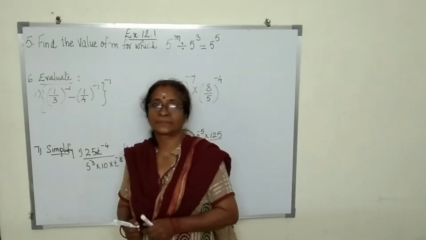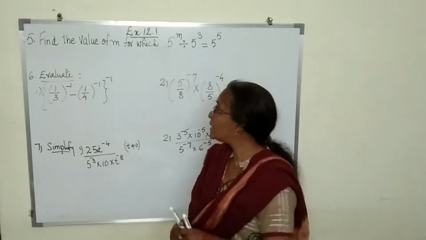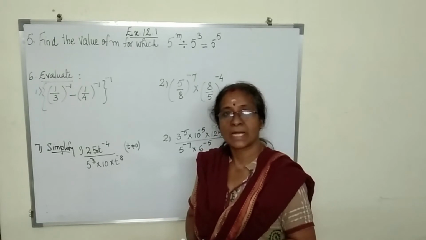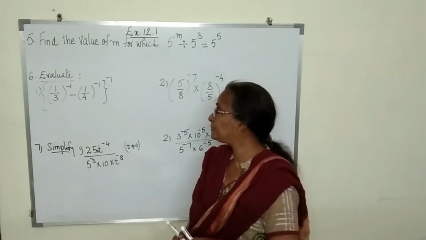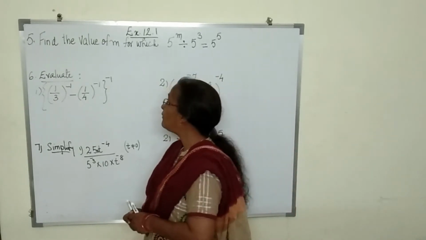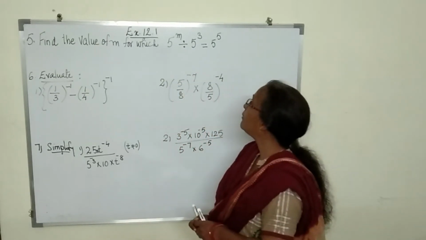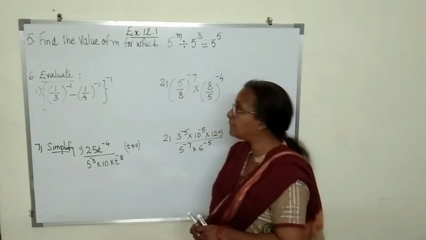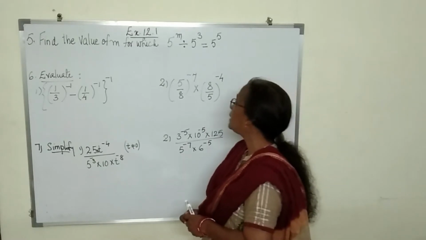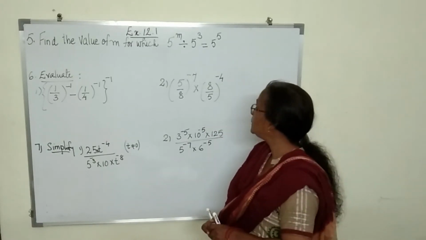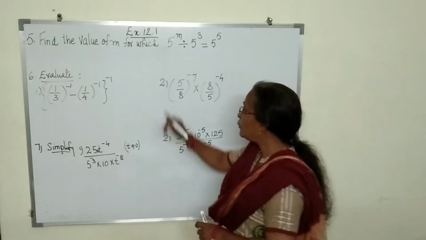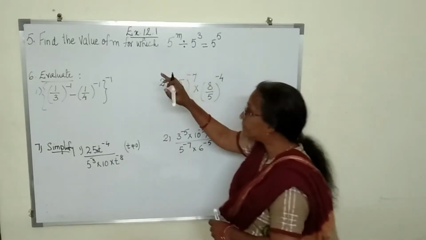Hello dear students, let us continue with exercise 12.1 starting with question number 5. Find the value of m for which 5 raised to m divided by 5 raised to 3 is equal to 5 raised to 5. We know which rule to use here?